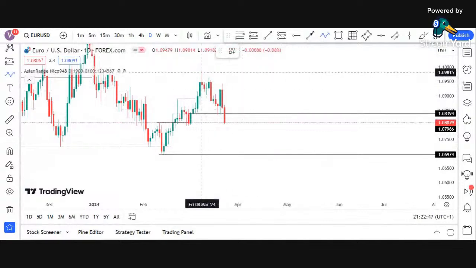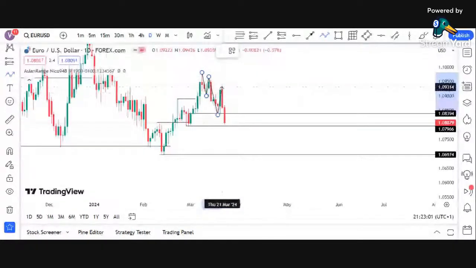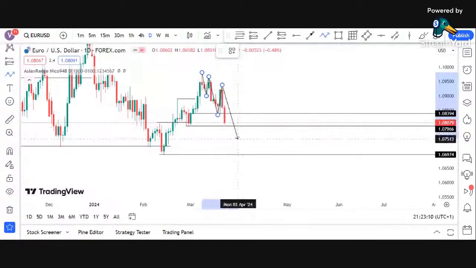We saw that, and this was a swing point because we had a three-candle price formation, failure to take out that point, and now price came down, came into the order block, tapped it, and now came into this mitigation block and order block, and came to the downside. So this is an indication that this low might be taken out. Once this low is taken out, it's a clear confirmation.